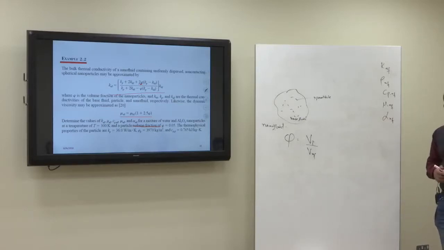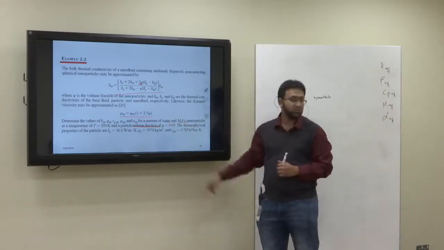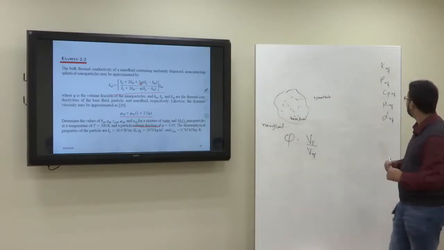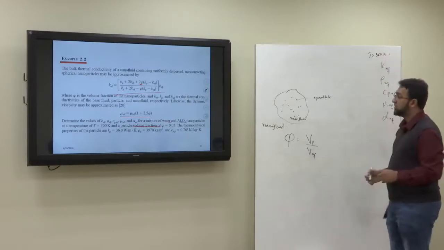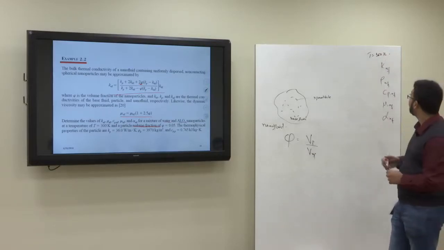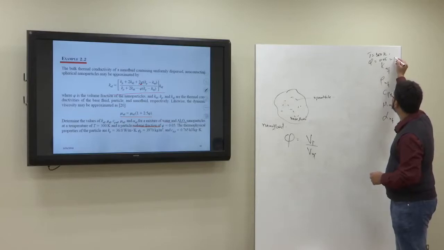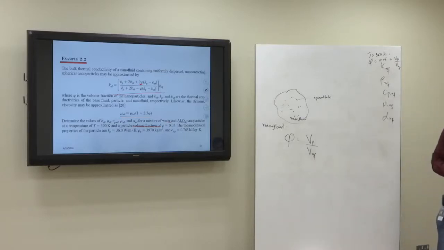So your base fluid is what? Water. Your base fluid is water and particles are alumina. At a temperature of 300 Kelvin, so T is 300 Kelvin, and a particle volume fraction phi of 0.05, which equals Vp by Vnf, right? Volume of particle divided by overall volume of the nanofluid.